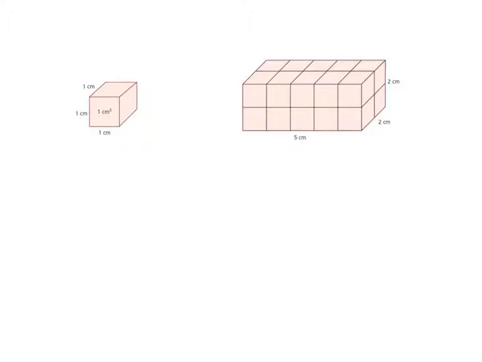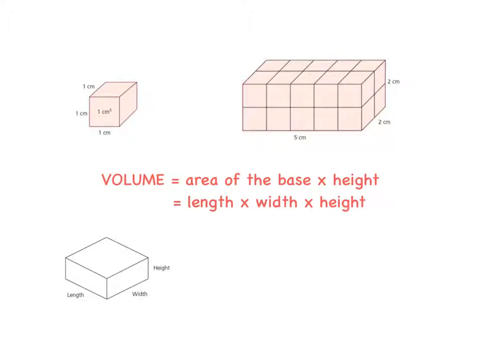So that's why, if we want to find the volume, we need to multiply the area of the base by the height. In other words, multiply the length by the width by the height. Okay, so let's write it down. We can use the shortcut.